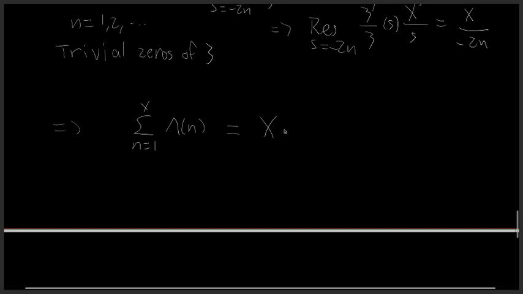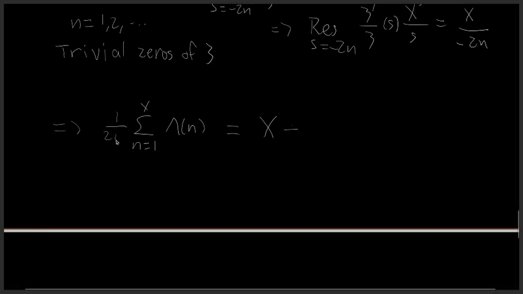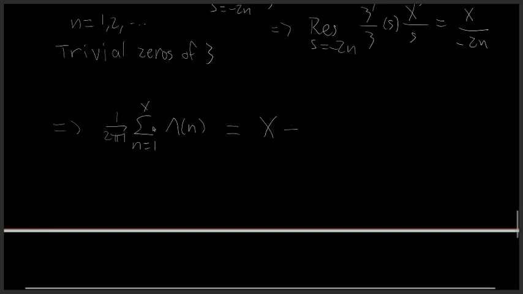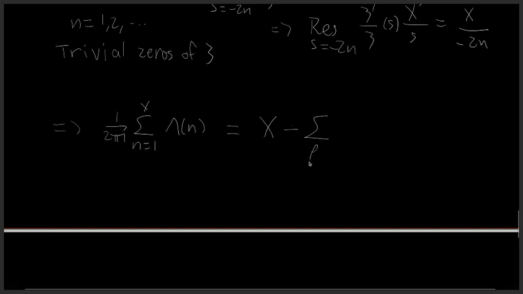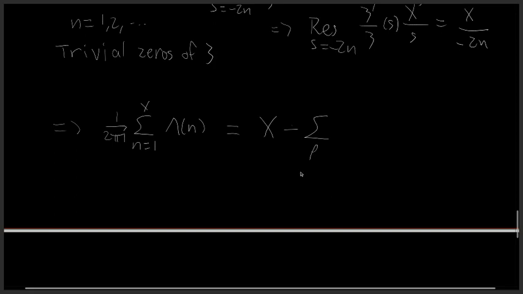And then there's also a 1 over 2 pi i coming from Cauchy's residue theorem. And so then we get a sum over the non-trivial zeros of the Riemann zeta function. So let's say these are zeros that are not integers.